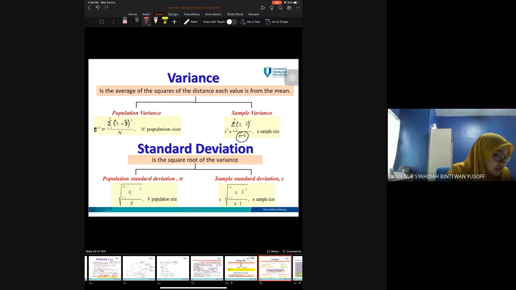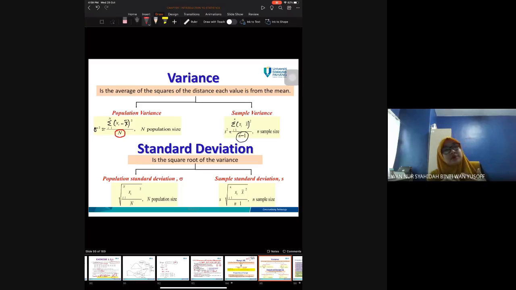As you can see here, the difference is in the denominator. For the population we divide by the number of data, and for the sample we divide by the number of data minus 1. That's why we have different values for the population and sample. So variance is the average of the squares of the distance each value is from the mean.